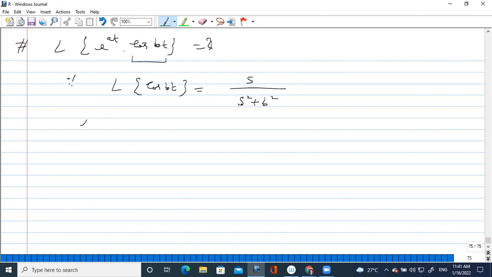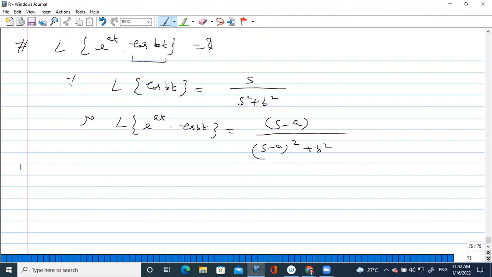So in this, Laplace of e to the power at cos bt, by using the shifting theorem, will be (s minus a) divided by (s minus a) whole square plus b square. Okay. So like this you can do.